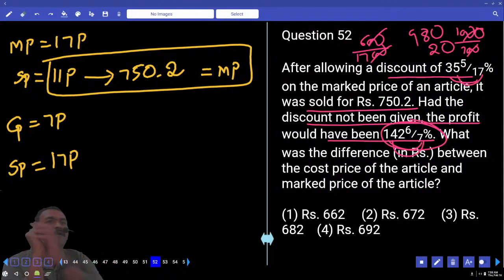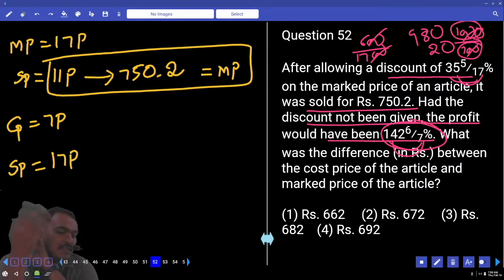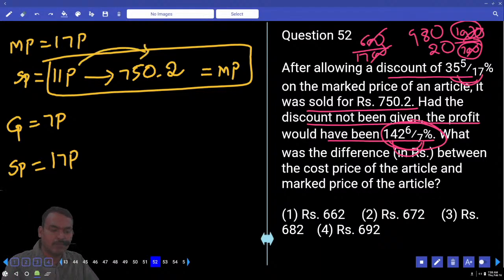What is the meaning of profit? Profit equals selling price minus cost price. Cost price is how many parts? 7 parts. Profit is how many parts? 10 parts. Then selling price will be 17 parts. If no discount is offered, selling price is 17 parts. What is the value of 11 parts? 750.2. But we require how many parts value? 17 parts.